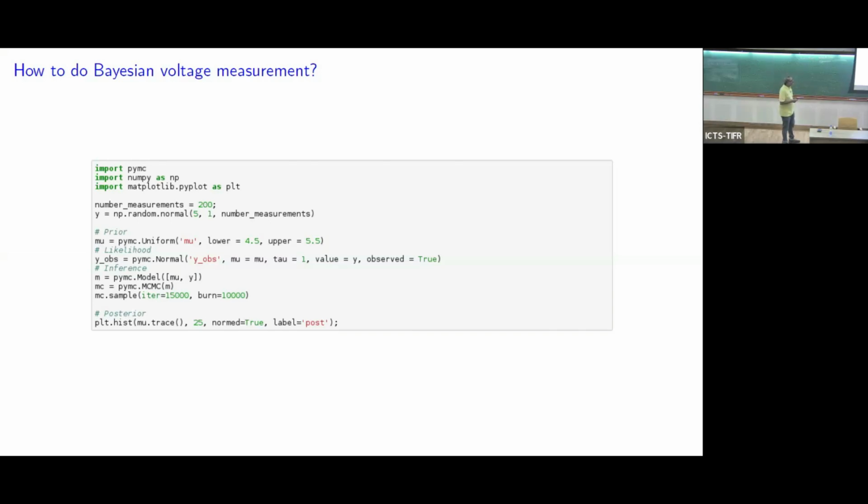Then you can just set up the model here using this construct, and you can take samples from the posterior. Whatever I showed you is actually the set of samples that you get from the posterior. I have shown you the distribution of those samples, which is computed using what is known as a histogram. So this is very simple.